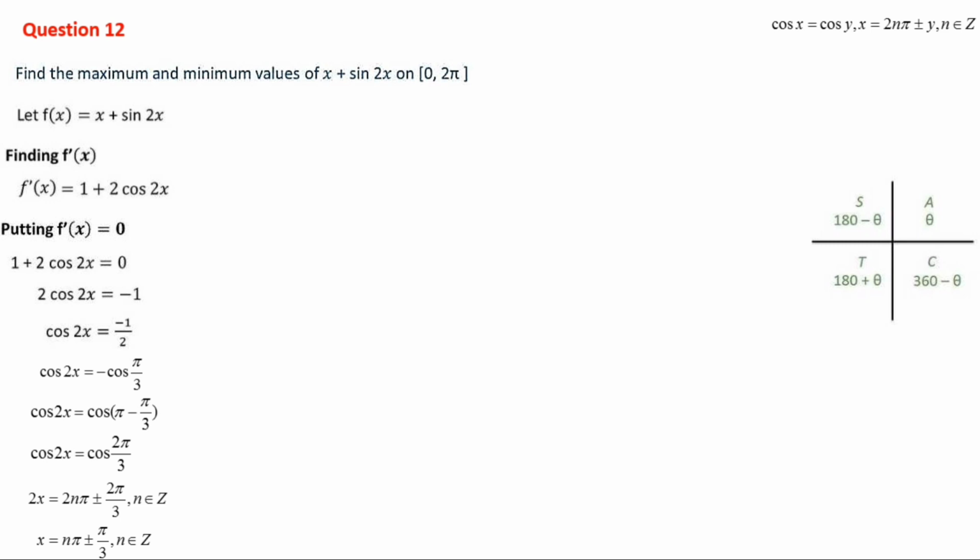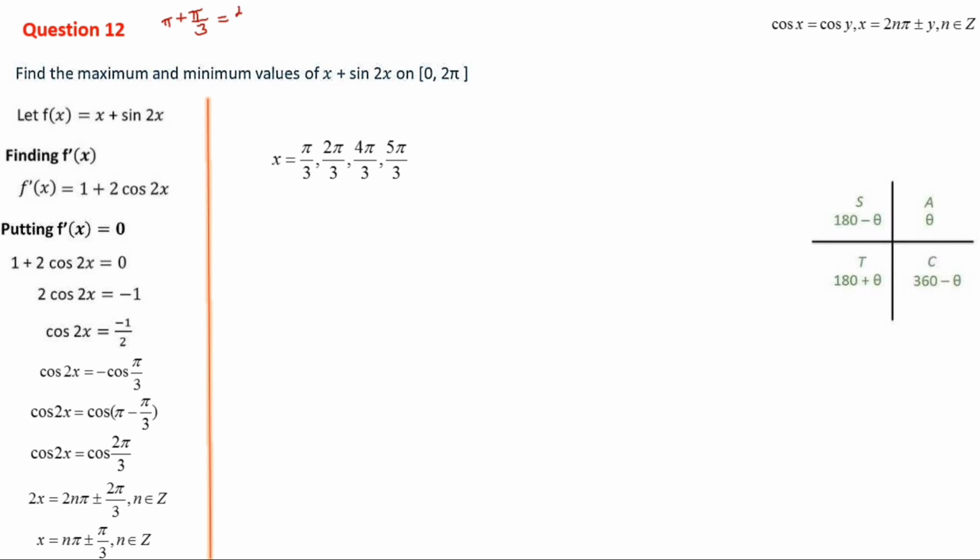Here we will be considering only plus pi by 3, because our range is between 0 and 2 pi. Negative we can avoid. Likewise, the first value we have got, and now we have to find the second one. Second one means we put n is equal to 1. If you put it, we will be getting pi plus pi by 3. If you do, we are getting the answer as 3 pi plus pi.